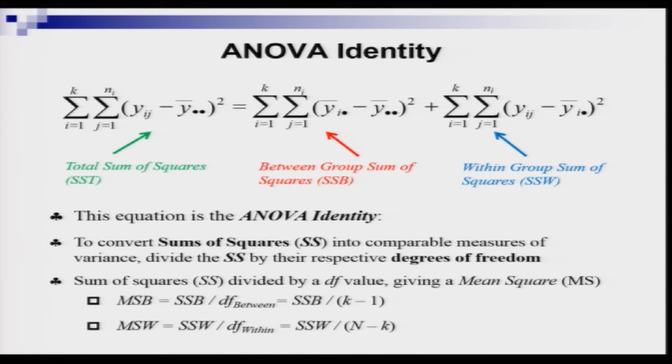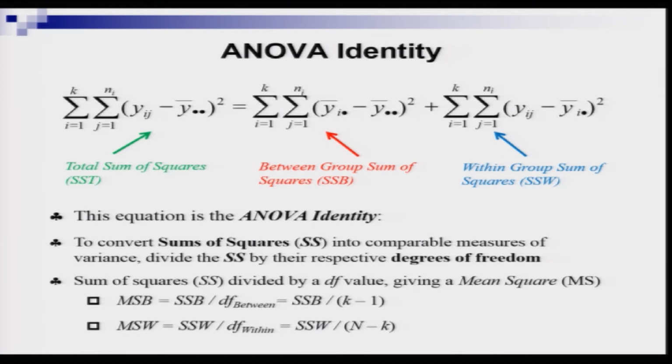So, let us first talk about the mean square coming from the between group sum of squares. You have to divide the SSB number that you have calculated from your raw data by the degrees of freedom corresponding to SSB. Here, as we have k number of groups, the degrees of freedom is k minus 1.